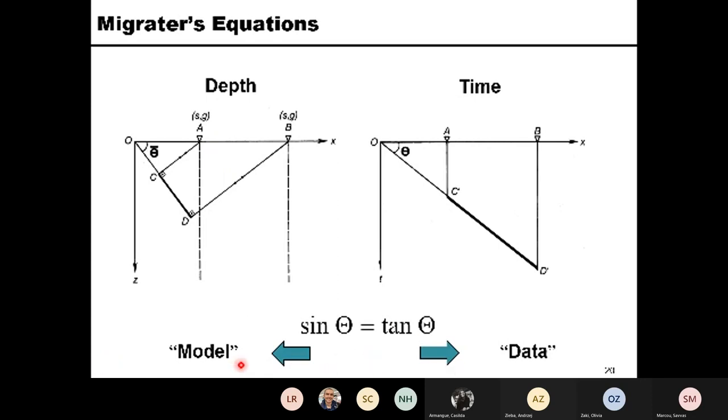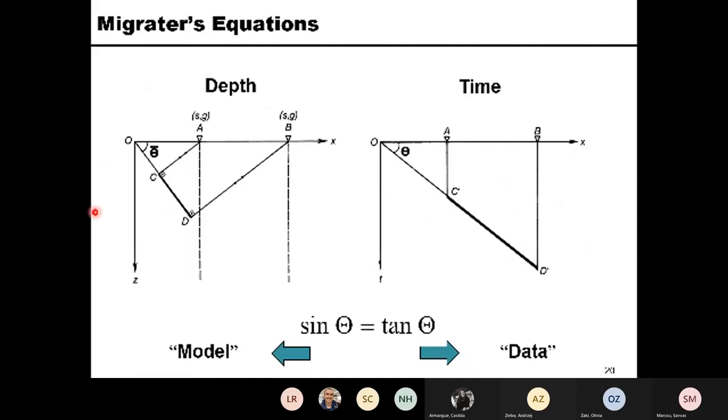So to the left-hand side, there's the modeling. To the right-hand side, there's data. This is data space, this is model space. So modeling means you, based on this model, generate a seismic profile. Migration means you have this data profile, you try to reconstruct the subsurface image.